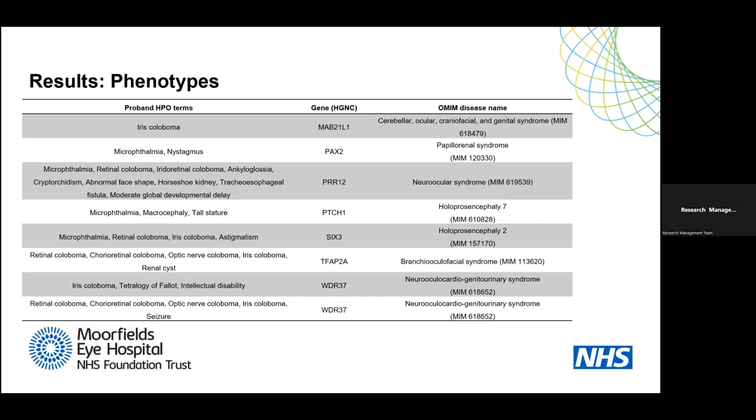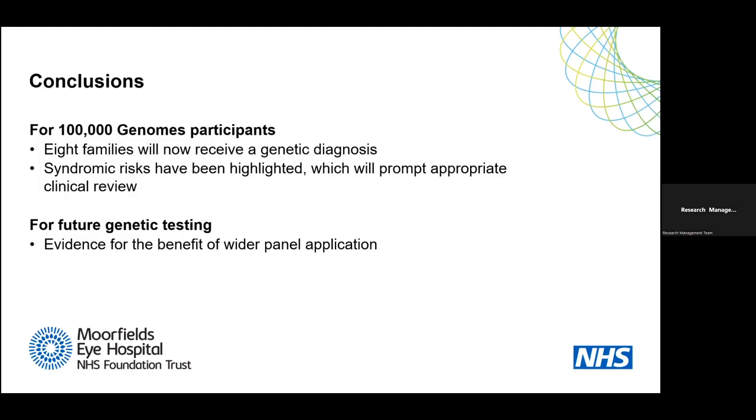The only exception really is PAX2, which would usually be associated with kidney disease primarily, and in this proband there hadn't been any indication of kidney problems. However, the proband was only 13 months at the point of recruitment, so renal problems just may not have manifested by that point.